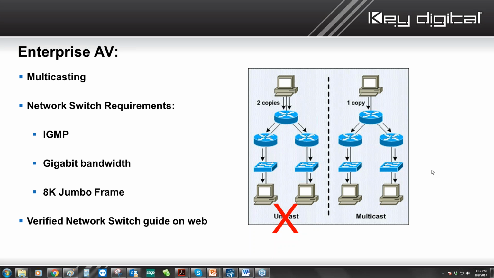You don't want to confuse the two, because if you look side by side, these things look almost identical, like the old puzzles where you'd have to find the difference between the two drawings in the old Highlights magazine, I think it was. The difference in the unicast side on the left is that when you're doing unicasting, it's additional bandwidth for however many recipients are going to view the signal.